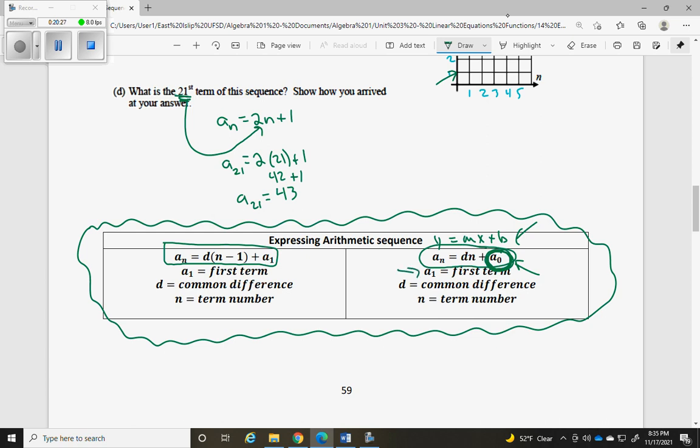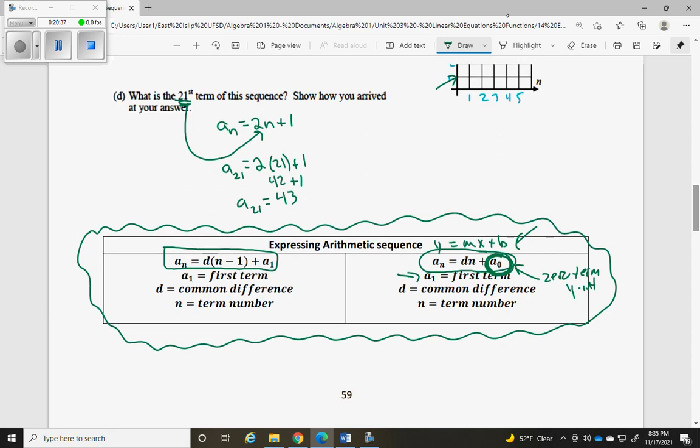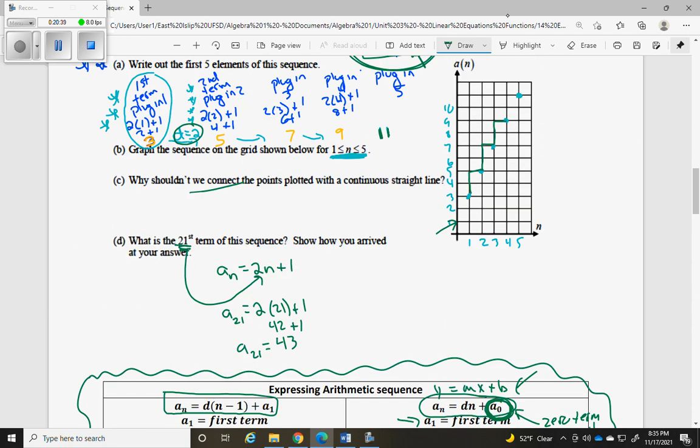A sub 1 means the first term, so a sub 0 would mean the 0 term, which really means the y-intercept, which is what we said we don't really plot here. We don't really write it here in our sequence, but we could imagine it being there.